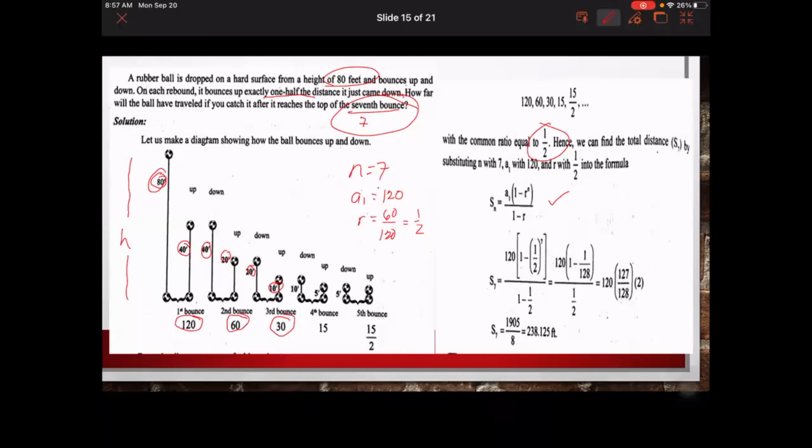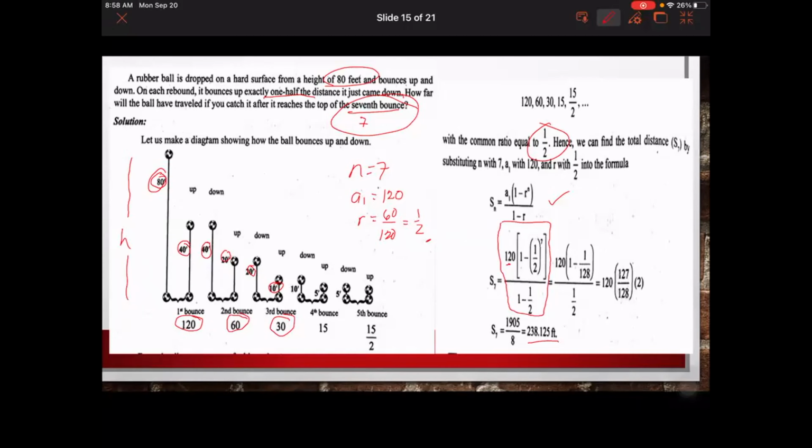So, mayroon tayong A sub 1 is 120, times 1 minus 1/2 because this is our R, raised to 7, over 1 minus 1/2. Sinimplify siya, 120 minus... pero kung ita-type mo to sa calculator, itong buo na to, you will be able to get 238.125. May difference lang ng konti sa decimal.